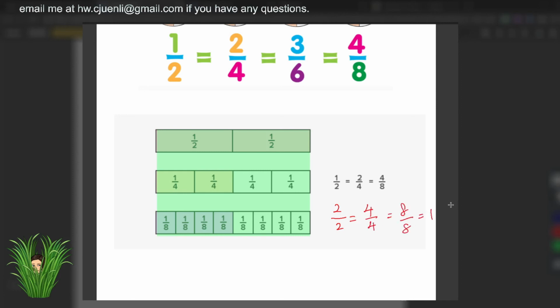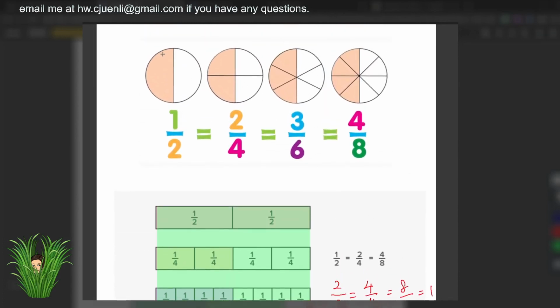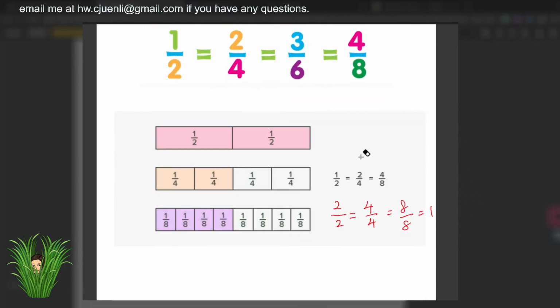All of them equal 1. Imagine you take 2 over 2, 4 over 4, 6 over 6, and 8 over 8. You're taking one whole pizza. That's why the number is 1. So equivalent fractions are basically equal to each other.